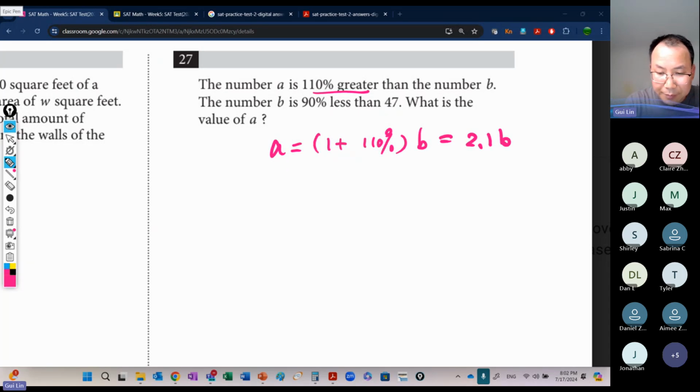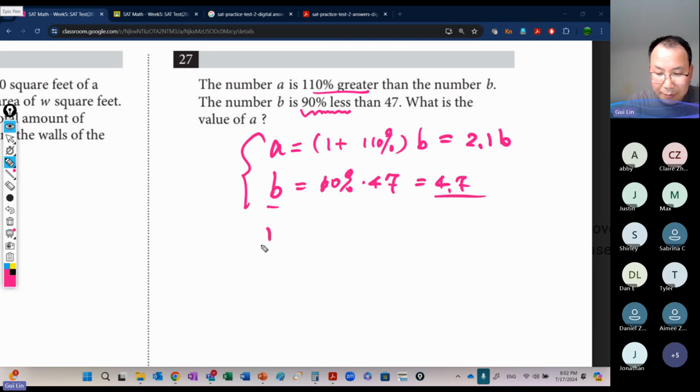Second, the number B is 90% less than 47. So it means only 10% of the 47, which is 4.7. B equals 4.7.